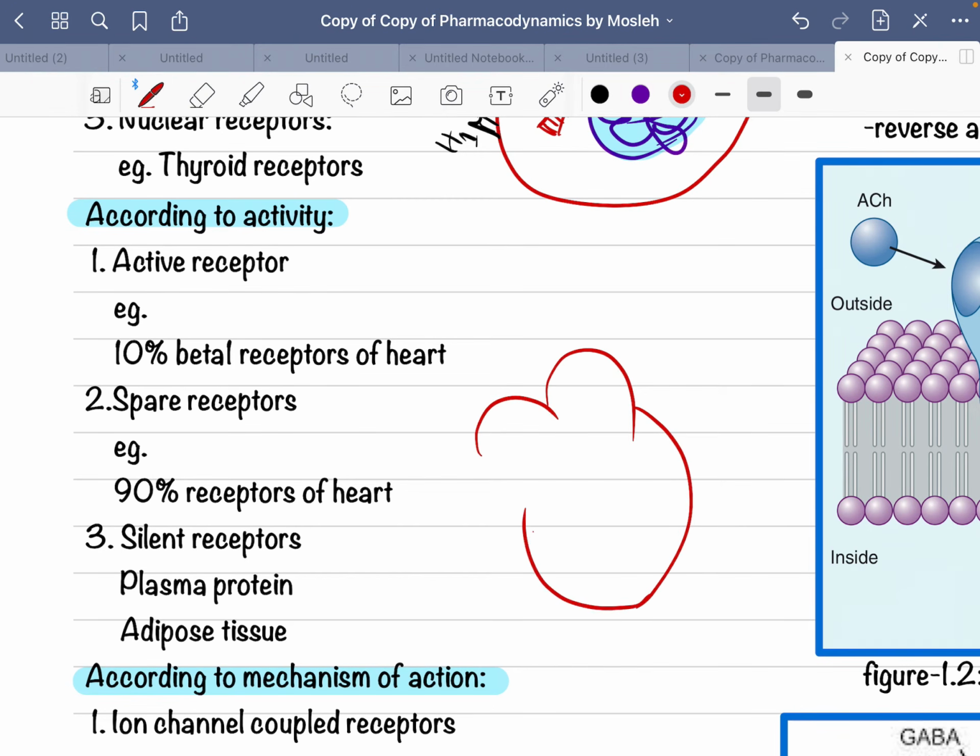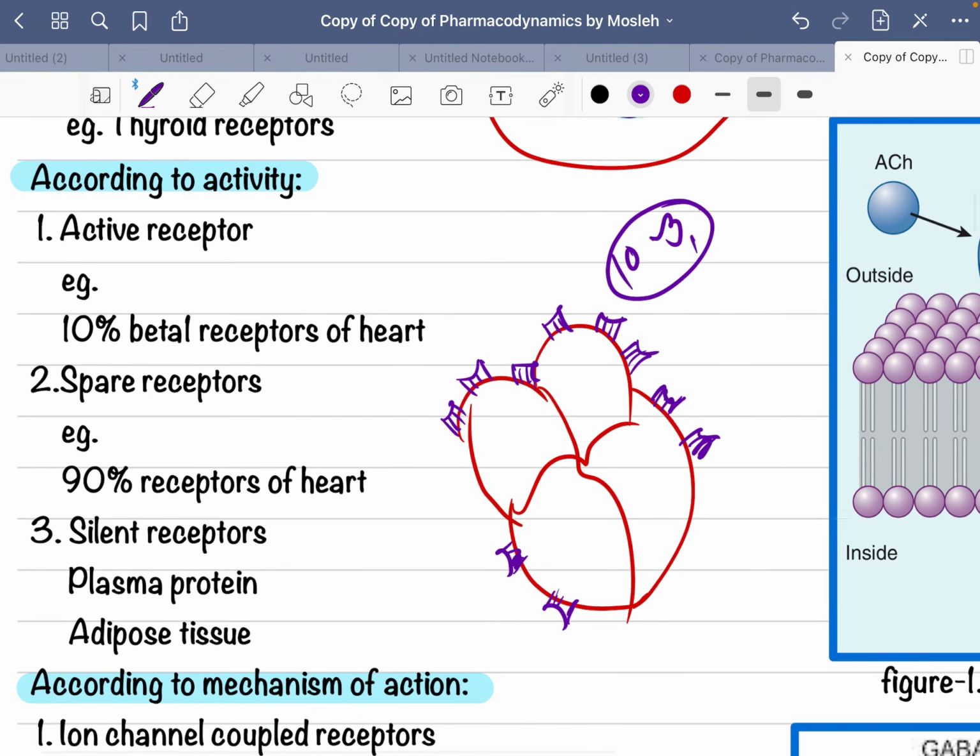Suppose this is the heart, and here I am drawing just for example 10 beta 1 receptors.